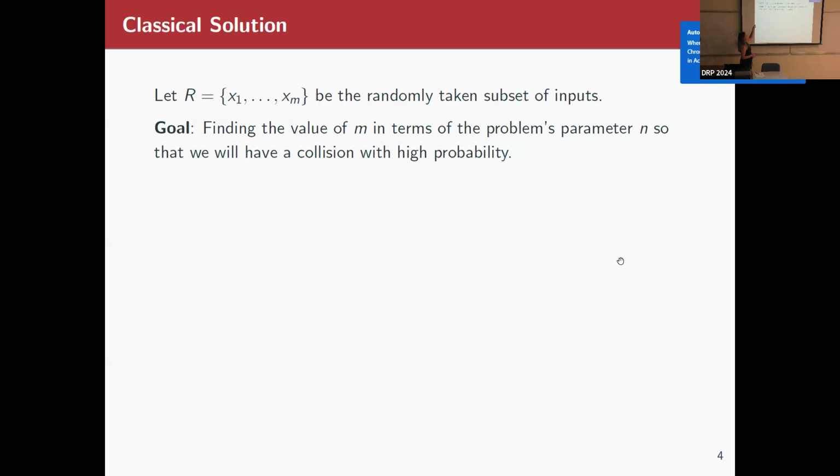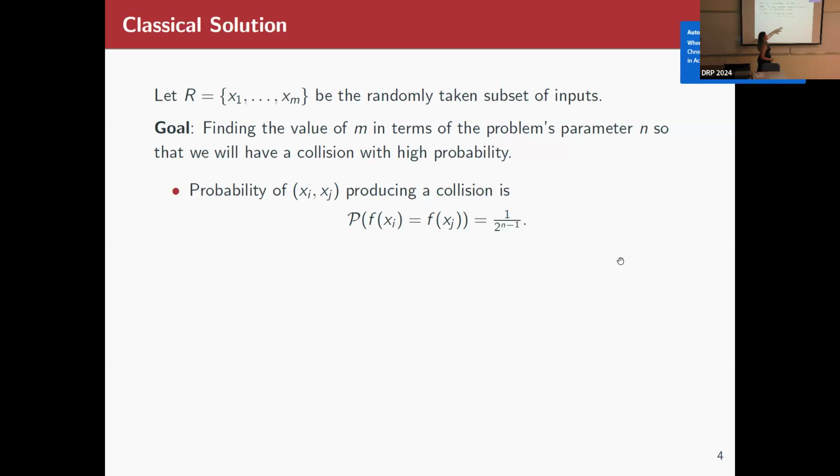So we have a set R, which is a randomly taken subset of inputs from x1 to xm. Our aim is to define the value of m in terms of our problem's parameter n, so that we will have a collision with high probability. The probability of xi, xj producing a collision is 1 over 2 to the power n minus 1.